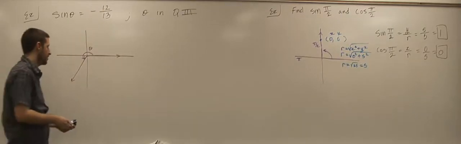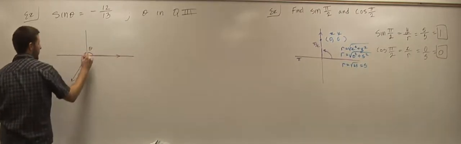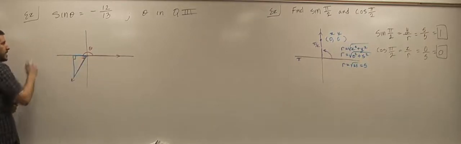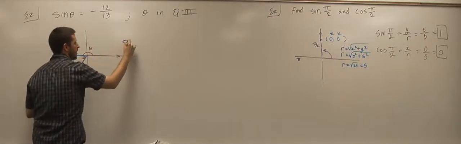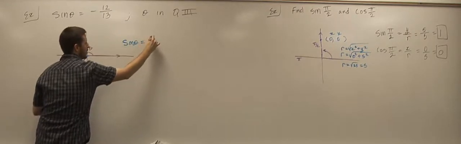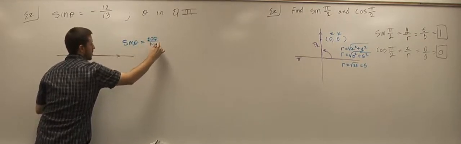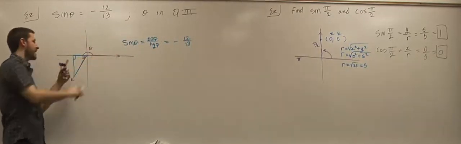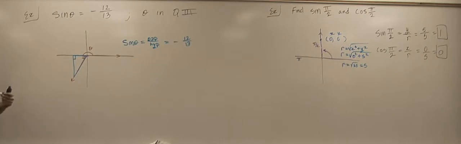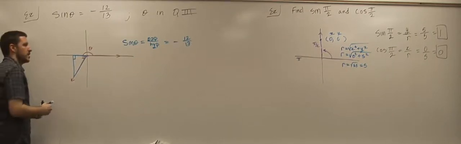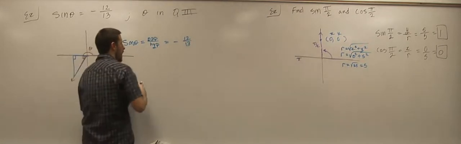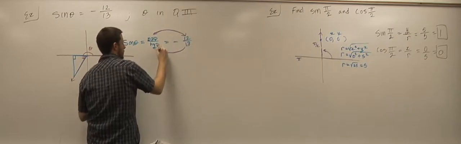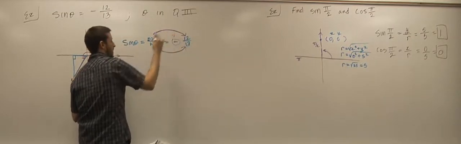So what you want to do is imagine a right triangle in here, and use the fact that sine of theta, which is opposite over hypotenuse, is equal to negative 12 over 13. Use that fact to label this right triangle, meaning match up opposite with 12 and hypotenuse with 13. And then we'll worry about the negative next.